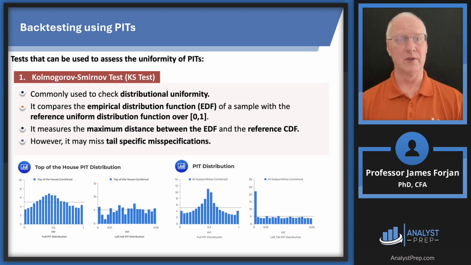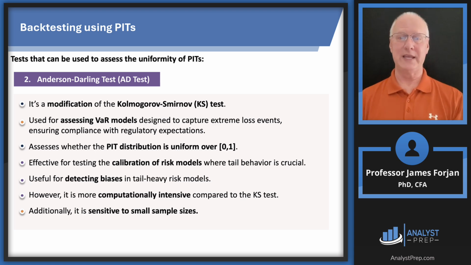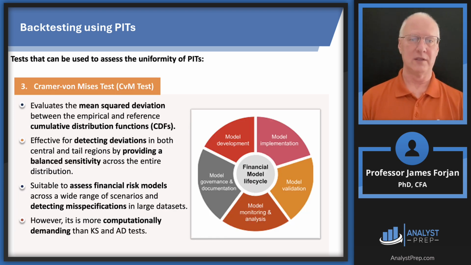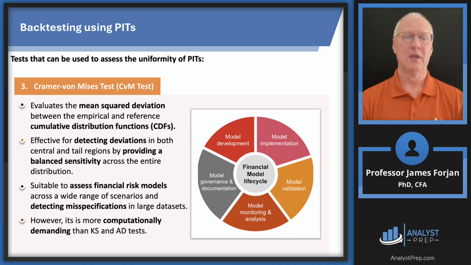So this is what we're doing here. We like the KS test, but it has a problem with tails. We like the AD because it contributes to our understanding of the tail, but it has a couple of drawbacks. The CVM test then adds the middle point, so it provides balanced sensitivity.